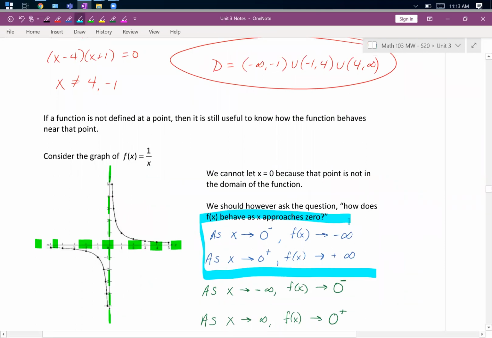X approached a particular number, some number a. So we're approaching x equals 0 from either side, and we got positive and negative infinity. So that tells us that we have a vertical asymptote.